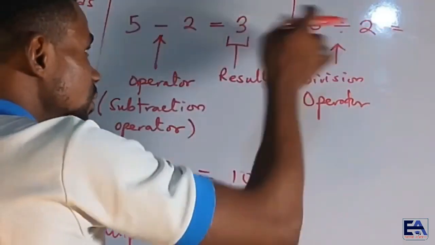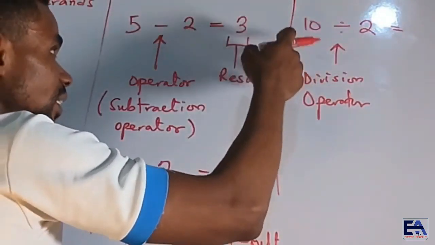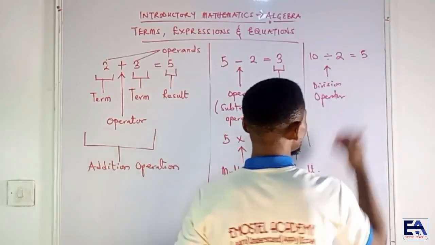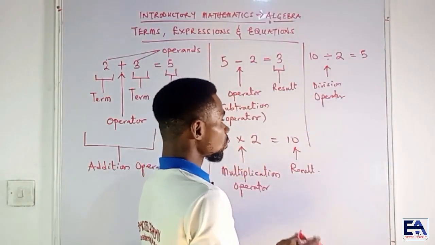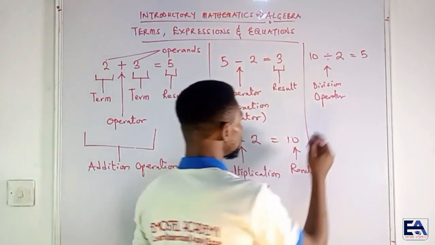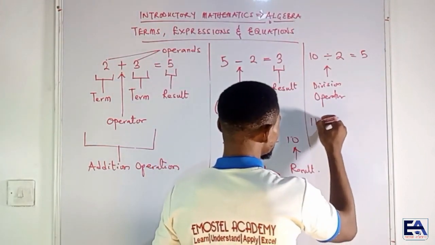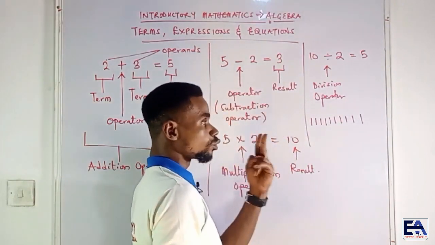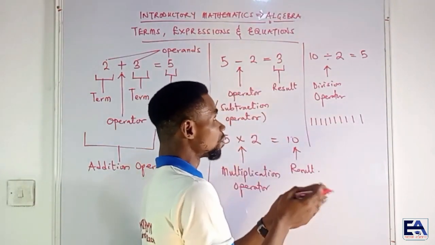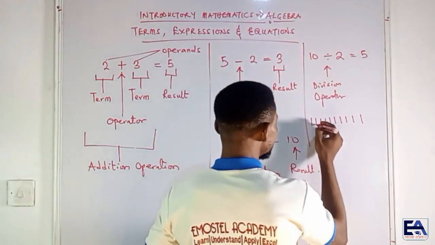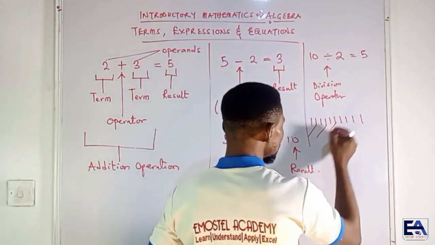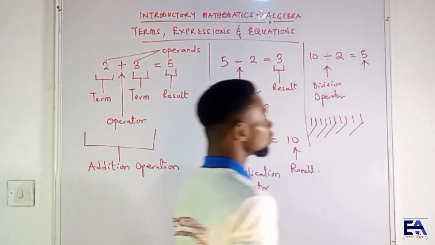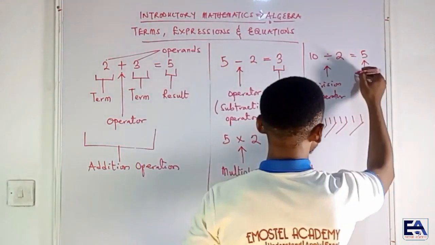It means we want to divide 10 into 2 places, so each of them will be 5. For instance, 1 2 3 4 5 6 7 8 9 10, and you want to pick out 2s. How many 2s can you pick out of 10? First 2, second 2, third 2, fourth 2, and the fifth 2. So when you divide 10 by 2, the result is 5.